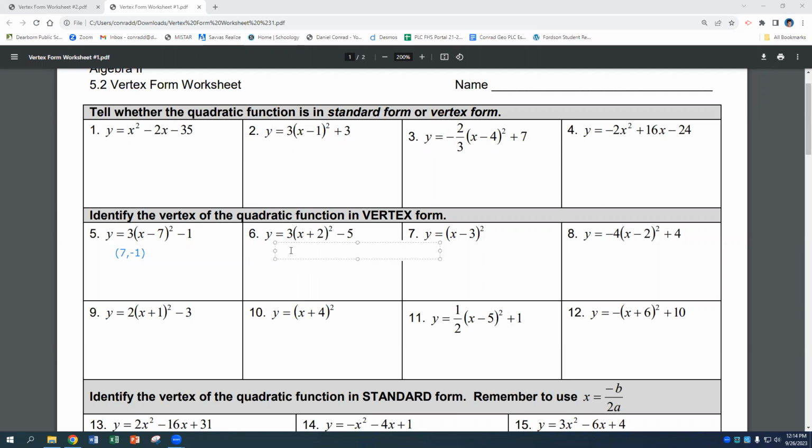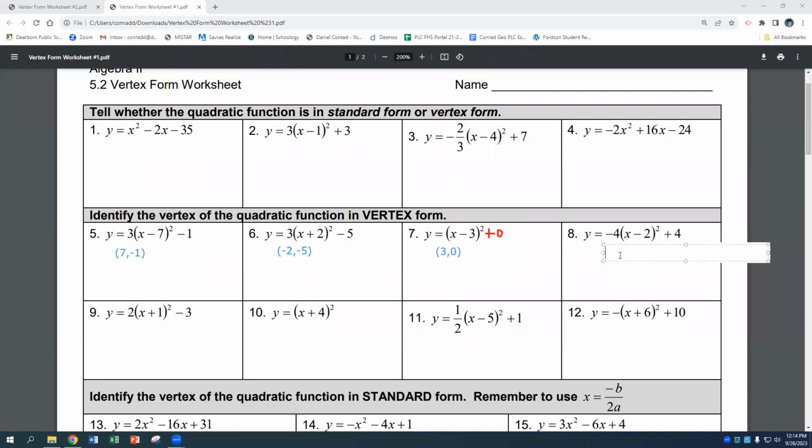Okay, for the next one, our vertex would be negative 2 comma negative 5. Right, we're changing the sign on the x, the h, keeping the k the same. Okay, this one would be 3 comma 0 is my vertex. Even though there's nothing over here, you could really write plus 0. So 3, 0 is my vertex.